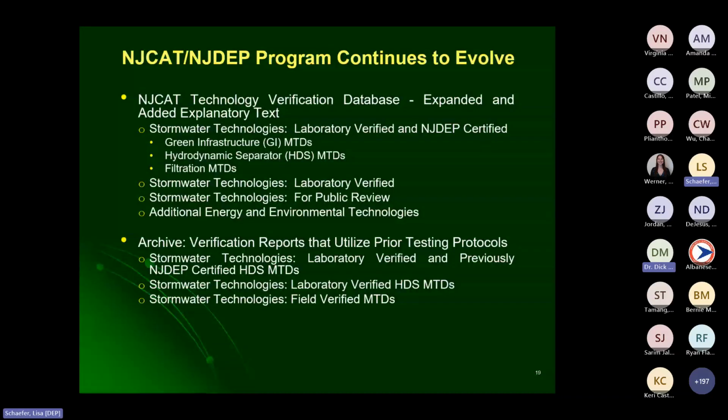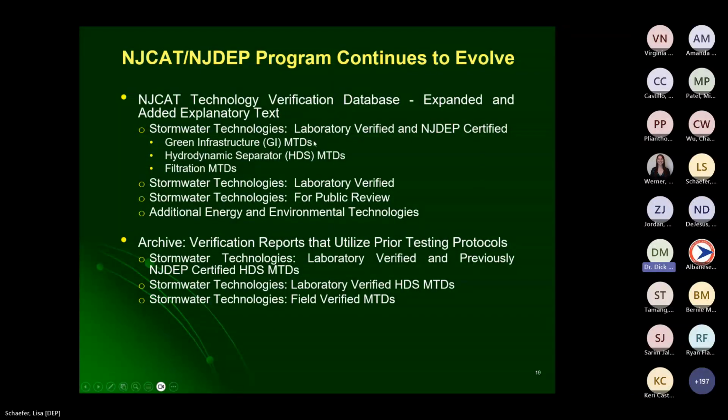We basically certify that it works as a filter device and removes 80%, and then DEP takes a look at it and decides whether or not it meets the green infrastructure requirements, which are threefold.